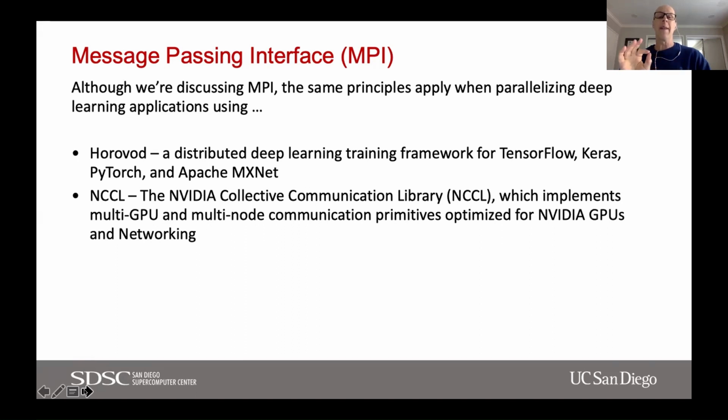Although we're discussing MPI, the same principles apply when you're parallelizing deep learning applications, say using Horovod, which is a distributed deep learning training framework that can be used with TensorFlow, Keras, PyTorch, and Apache MXNet, and NCCL, which is the NVIDIA Collective Communication Library, which implements multi-GPU and multi-node communication primitives that are optimized for NVIDIA GPUs.